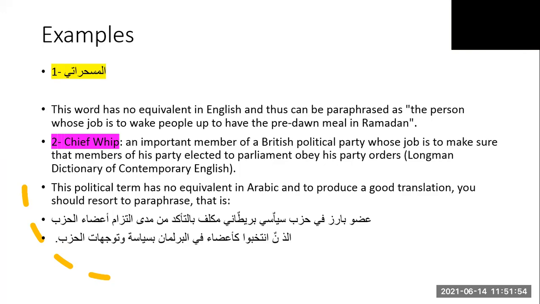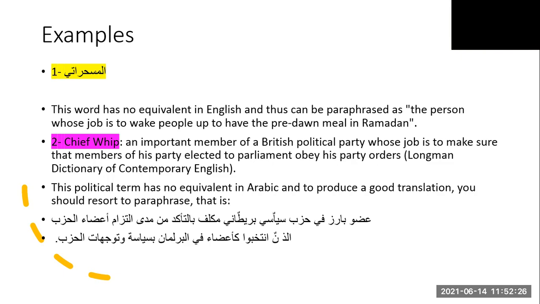The word المسحراتي. How could you translate this word in English? There is no equivalent for this word at all. So you paraphrase it as the person whose job is to wake people up to have the pre-dawn meal in Ramadan. This is what we mean by paraphrasing.